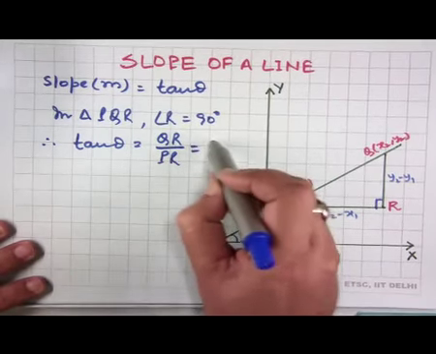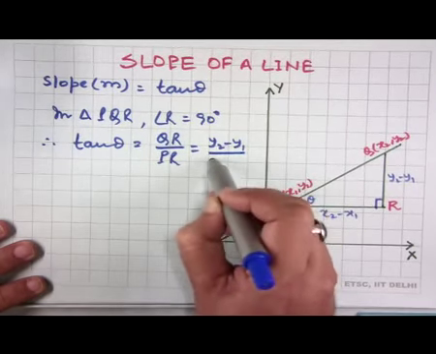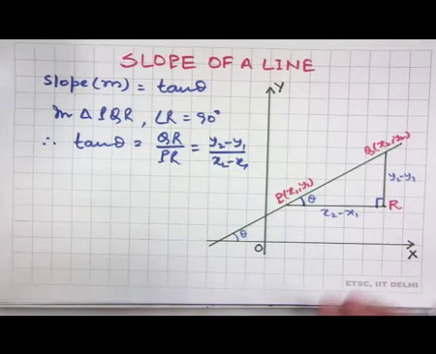So this is y2 minus y1 by x2 minus x1. Now, we just try one example, one problem.